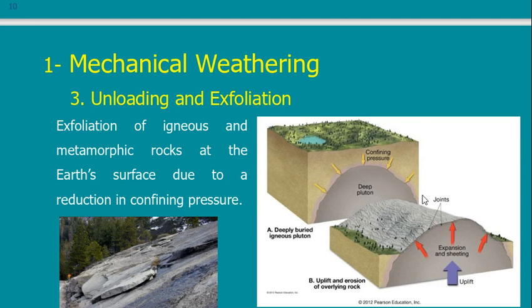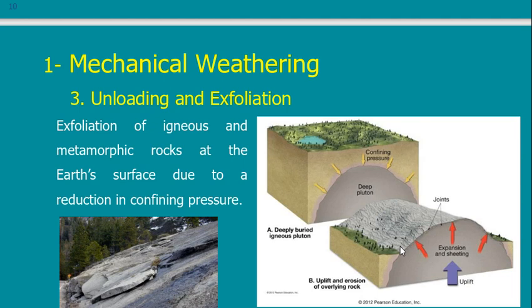So I may have a deep layer of igneous molten rock. This will be like this, and it is covered with just any other type of rock. With time, the upper part of this sedimentary rock disappears. So it ends up having this shape.